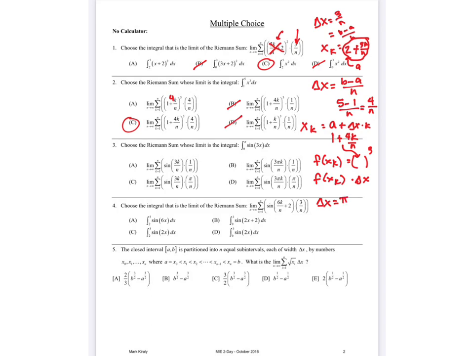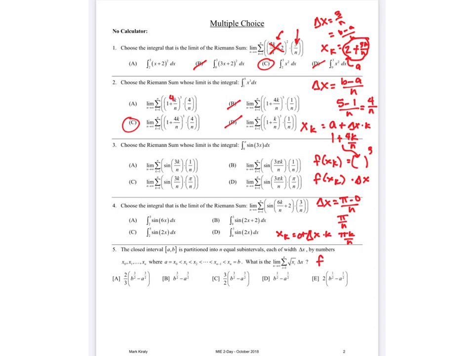So pi minus 0 over n, or pi over n. And what's a? 0. So my x sub k is going to be 0 plus delta x k, or pi k over n. That's x sub k.